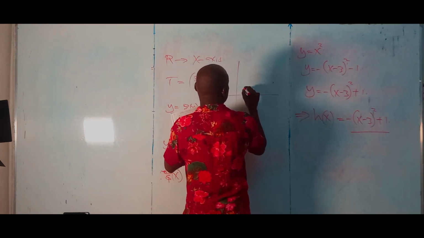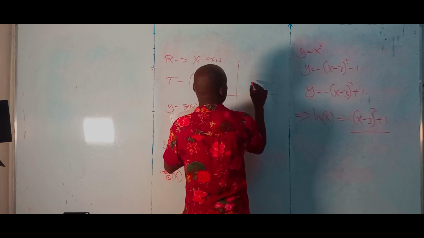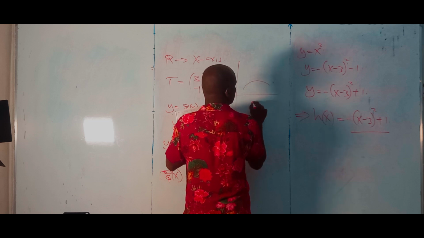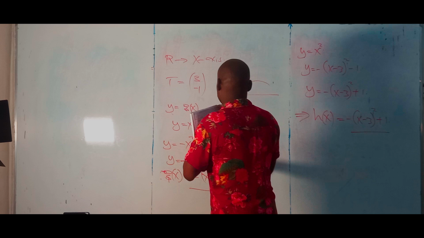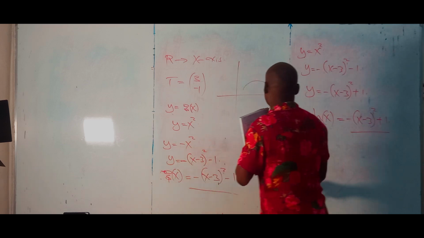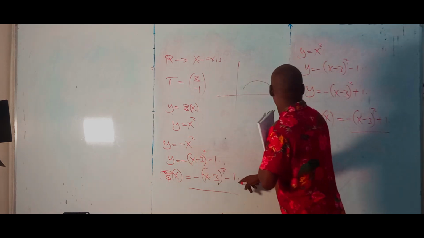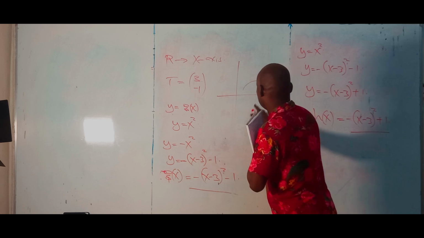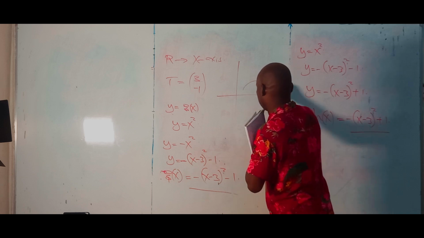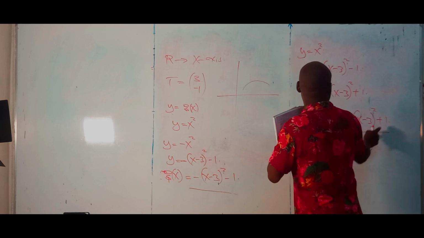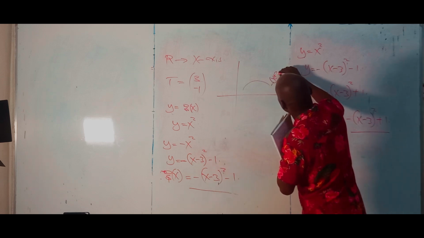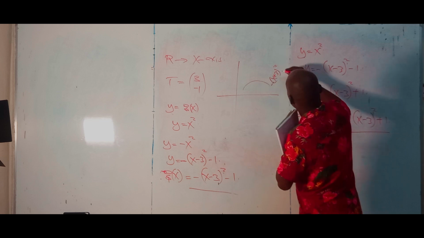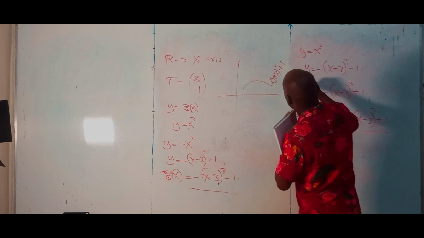Let me say our curve looks like this, minus (x minus 3) squared plus 1.